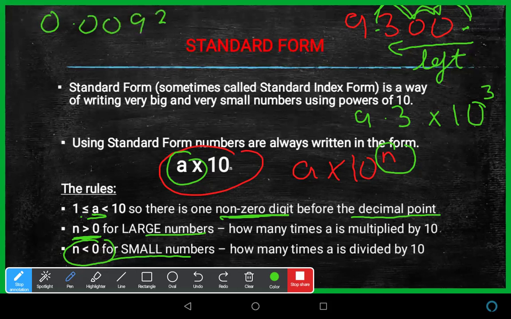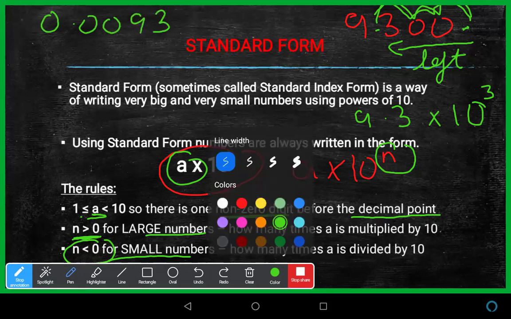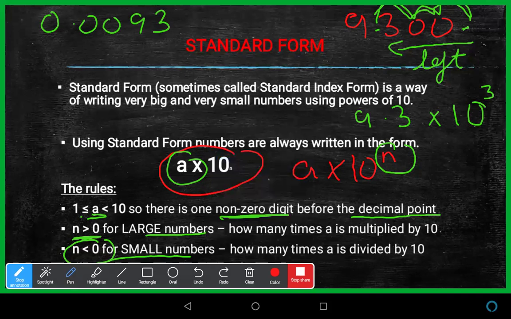0.0093. Most of the students will say this is already the standard form. But no, because I told you the decimal point should be after one digit, and that digit should be non-zero. In this situation, you can see the decimal point is after one digit, but that digit is 0. So we have to move it after 9: 1, 2, 3.